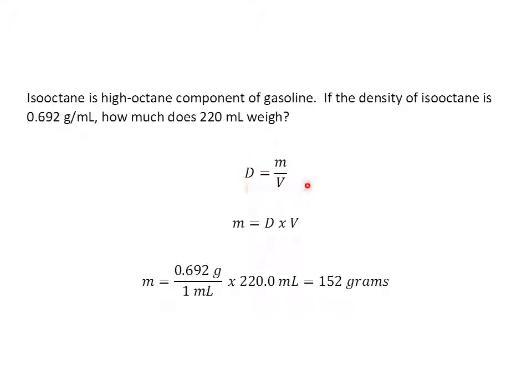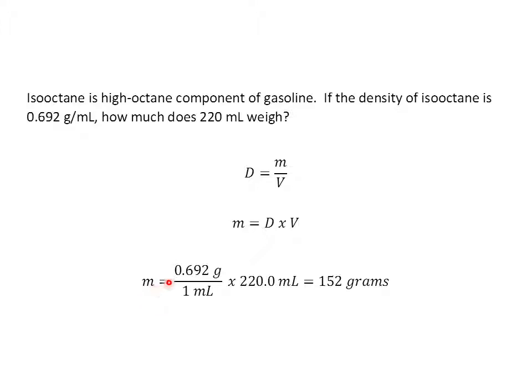Alright, our density equation, D = M/V, we're going to rearrange so that we solve for the mass. So we would just multiply the volume on both sides. That would get rid of the volume on this side and leave us with mass is equal to the density times the volume, or M = D × V.